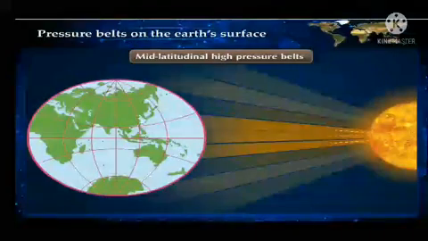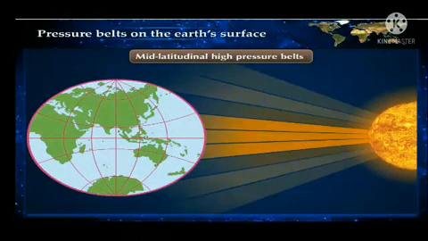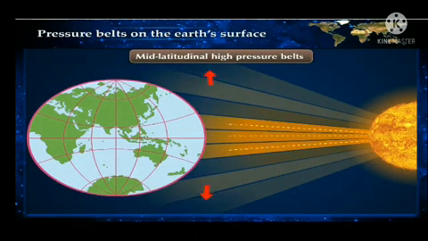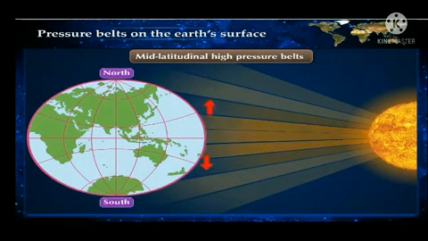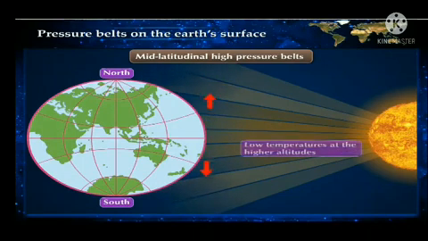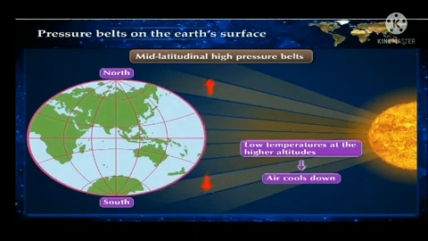Mid-latitudinal high pressure belts. The heated air becomes lighter, starts ascending and after reaching the higher altitude moves towards the polar regions, that is, towards the north and the south pole. Due to low temperatures at the higher altitudes, the air cools down and becomes heavier.